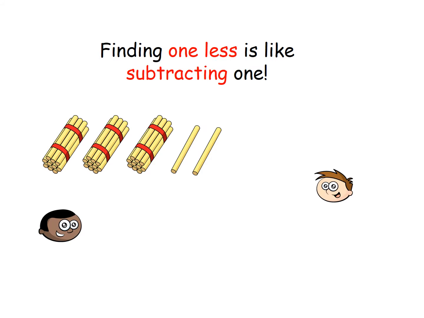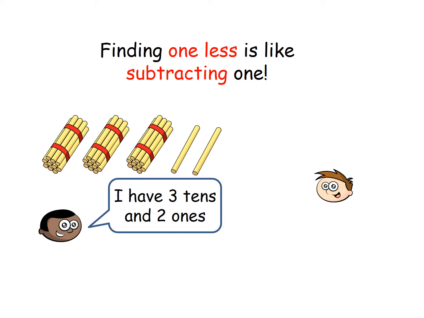Okay, this time we're going to be finding one less. So I've got the same number again. Here's my 3 tens and 2 ones, which was what number? 32. But this time, instead of adding, one less is like subtracting, so it's the opposite, isn't it? So we're going to take a straw away.